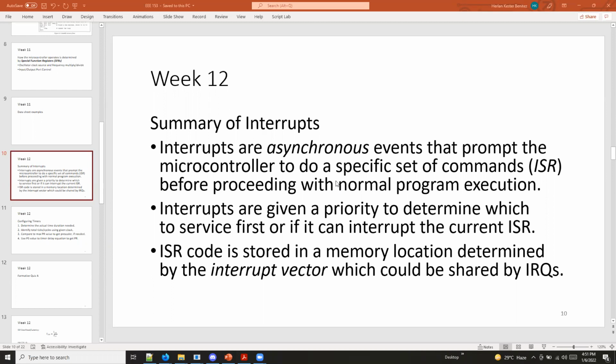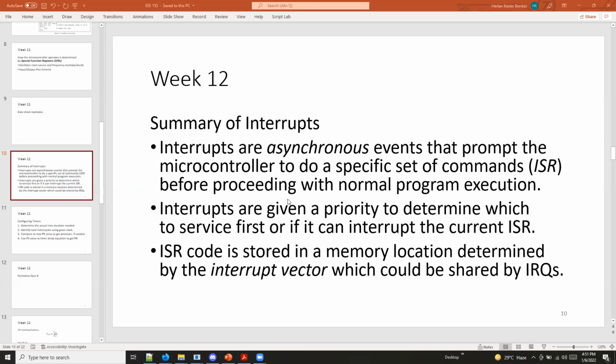In contrast to polling, where we wait for a certain event or a certain input to occur, with interrupts we don't need to wait for it anymore. We can just be told when it's there, basically, when we use interrupts.